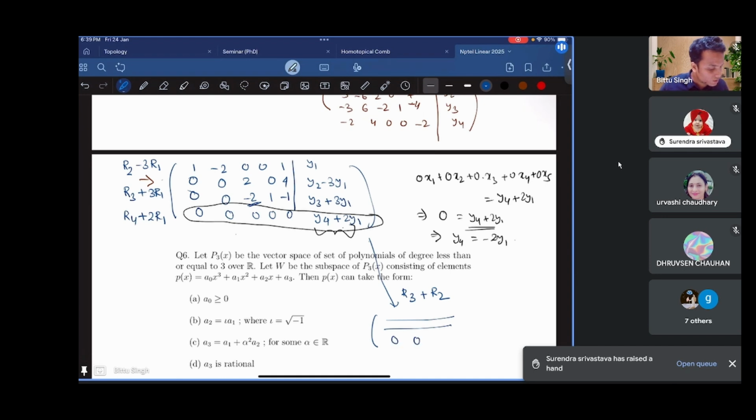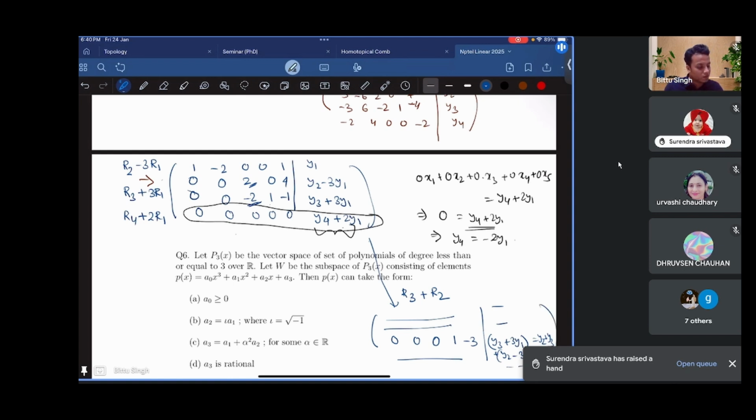So it is 0, 0, minus 2 plus 2, so it becomes 0, then 1 minus 1 plus 4, this is minus 3. And here everything is fixed, but that element will be y3 plus 3y1 plus y2 minus 3y1, right? So it is the same as y2 plus y3, the addition. And the last element is 0 and the same thing.